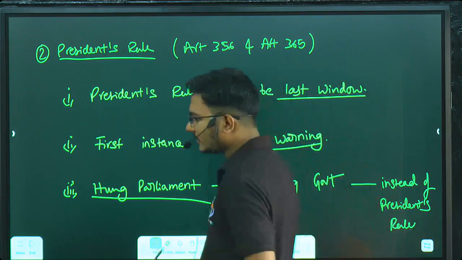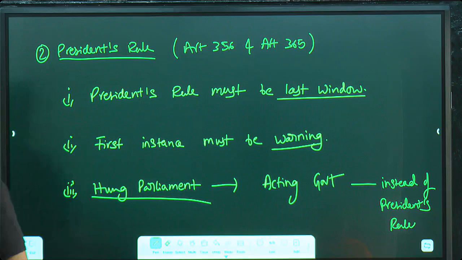In the down you can write down: we should give them some specific time to prove their majority.